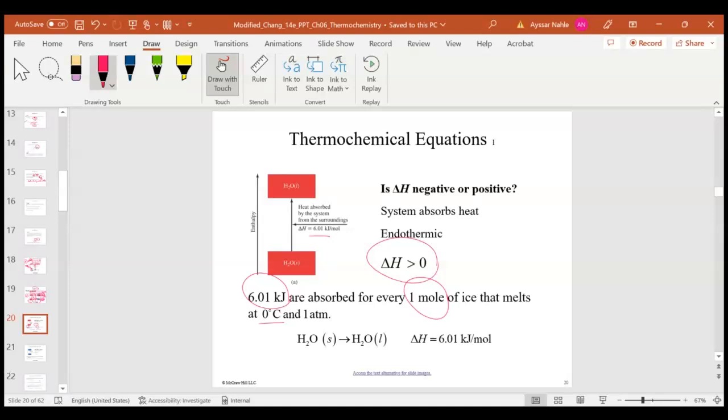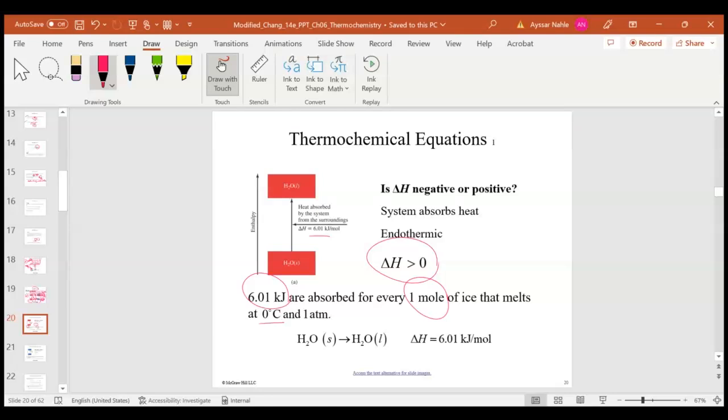If I keep on giving heat, the temperature will go higher, until 100 degrees Celsius. At 100 degrees Celsius, it is still liquid, but if I give it a little more and I start noticing vapor coming out, this will be the boiling point. The boiling point, as a definition, is the temperature at which the liquid will start going into vapor.